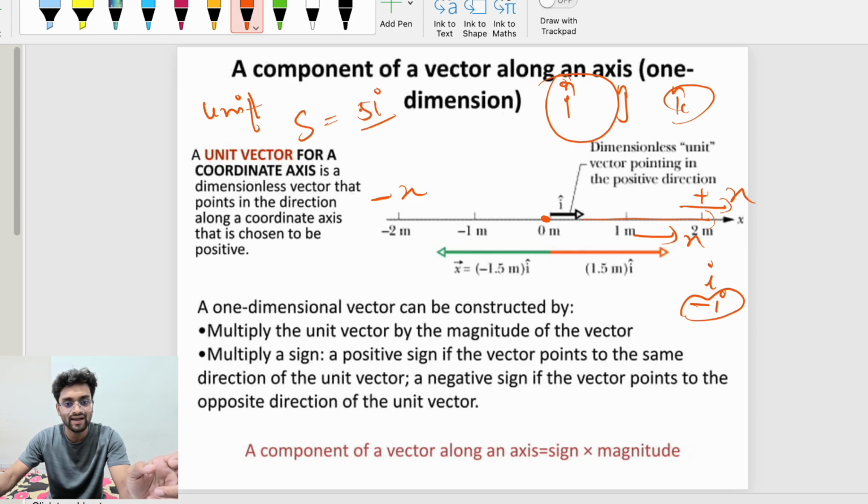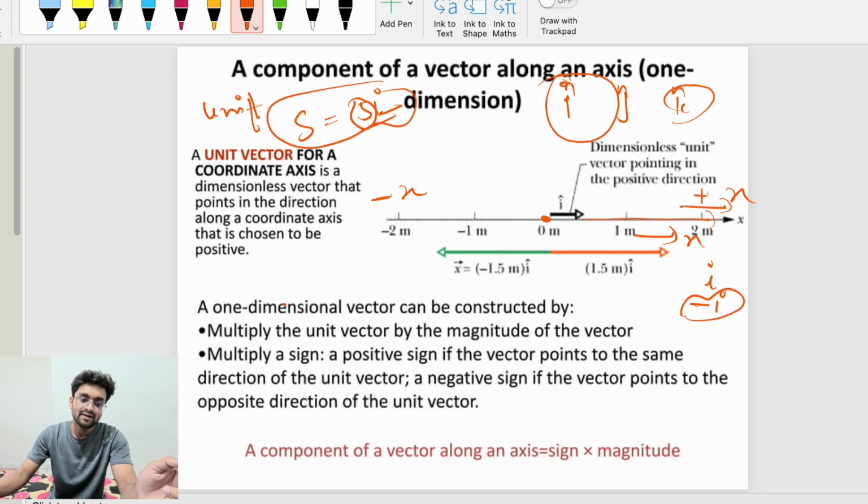That means we have 5 meters or 5 centimeters of distance covered along the x-axis. So a one-dimensional vector can be constructed this way: just multiply the magnitude with i cap, the direction. That forms the vector.